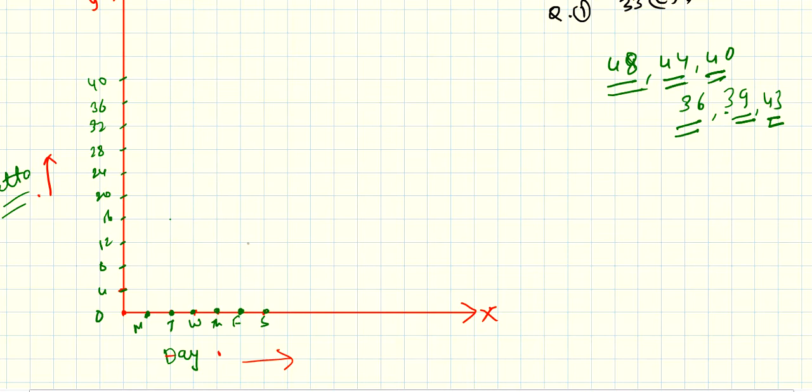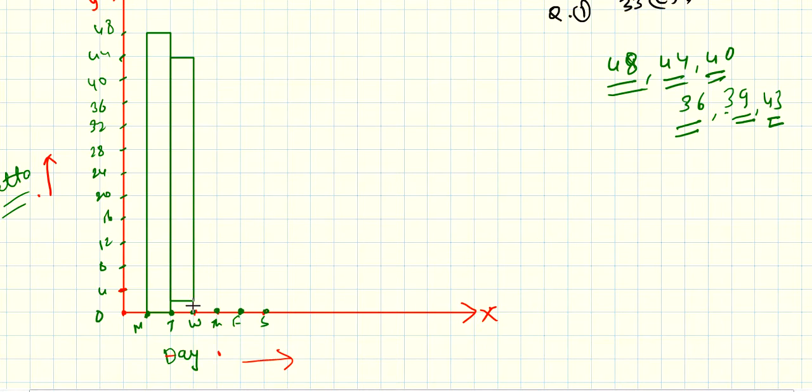Okay, now the first one is Monday. Monday is 48. So here we are having Monday as 48. Then Tuesday we are having 44. So where is 44? This one is 44. Then Wednesday is 40.